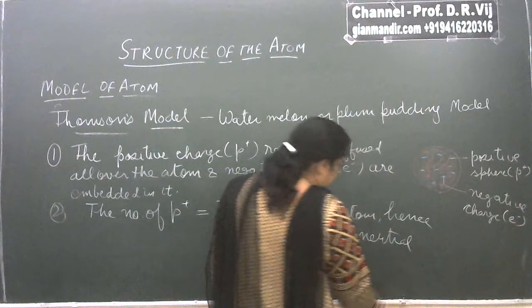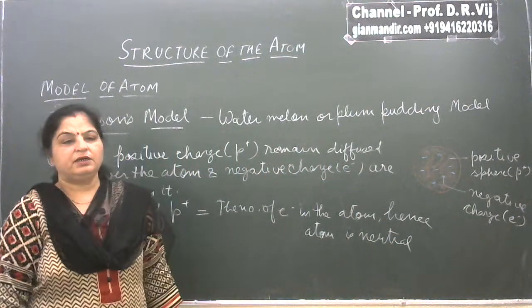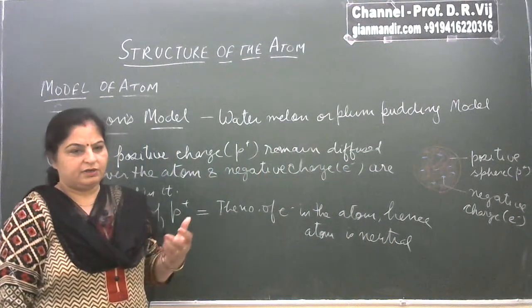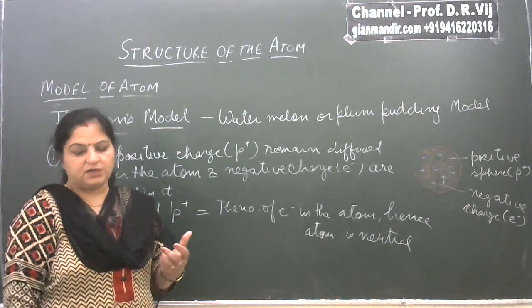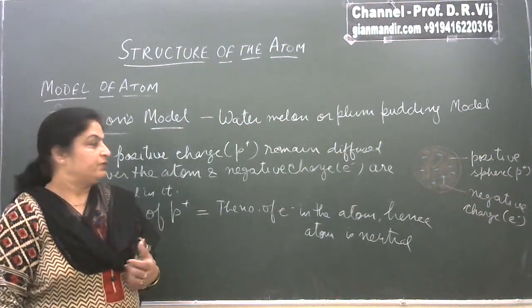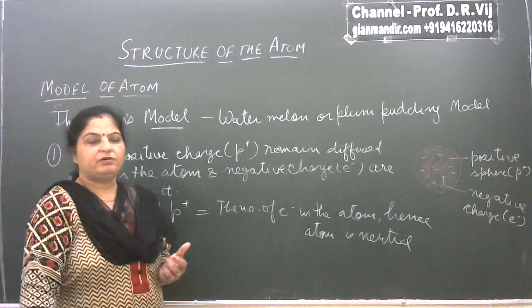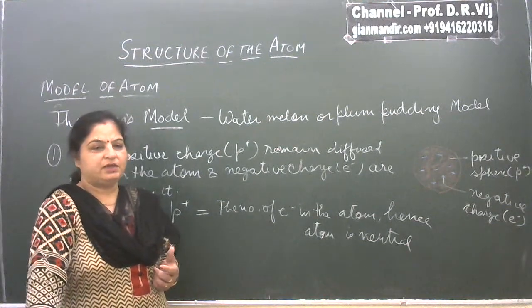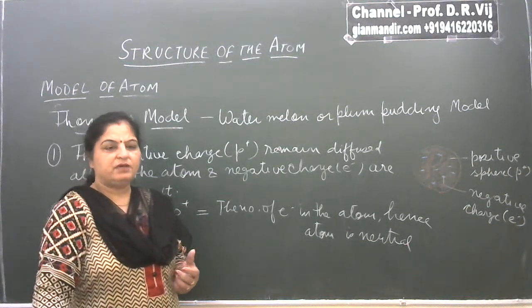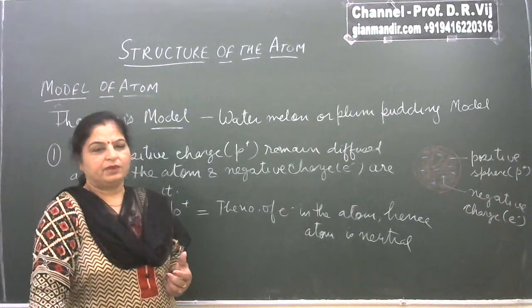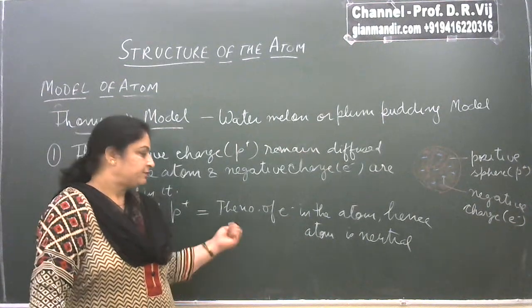The atom does not carry any charge as it contains an equal number of electrons and protons, and you have already seen that the values of charges on electrons and protons are exactly the same. The amounts of charge are the same, only their signs are opposite, right?